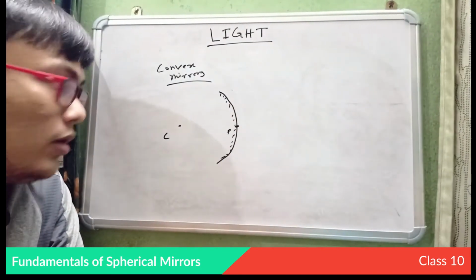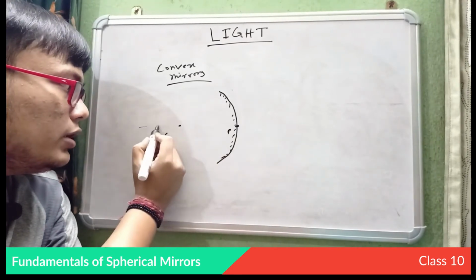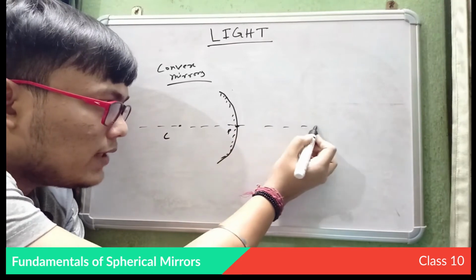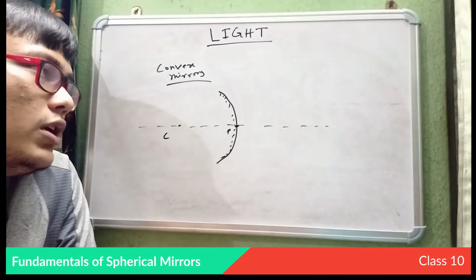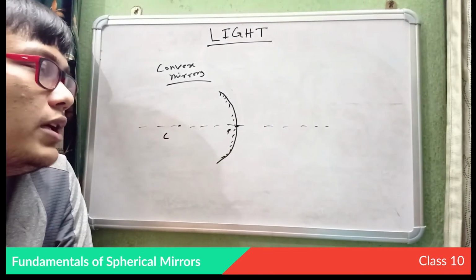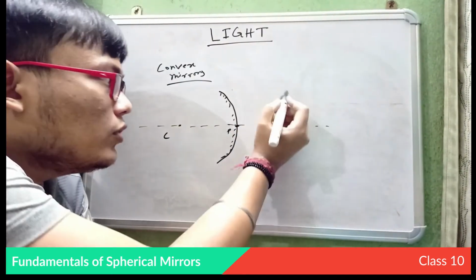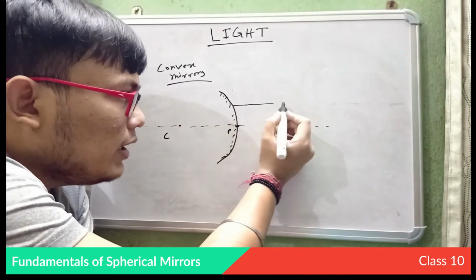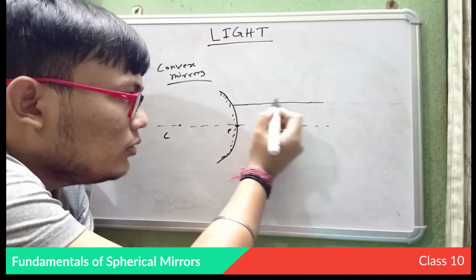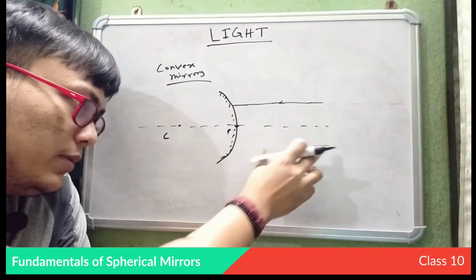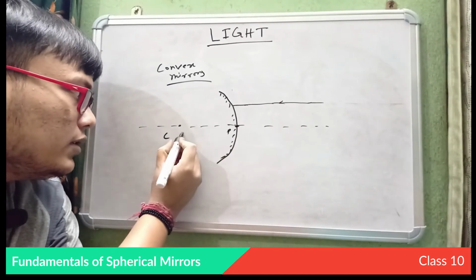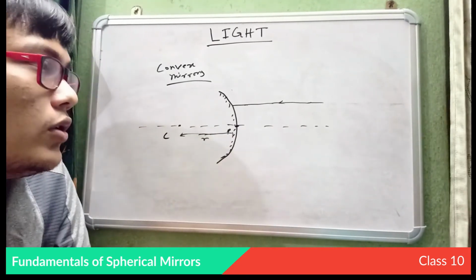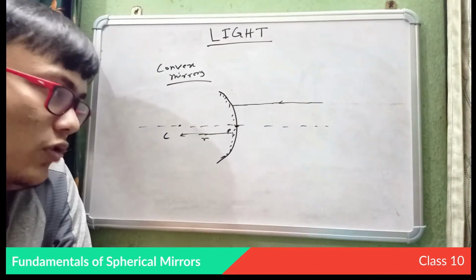Now the imaginary line joining the point C and the point P is known as the principal axis, right? So the incident ray will come from this direction, right? If we consider that the incident ray is parallel to the principal axis, this distance is known as R, or the radius of curvature. Okay, so it is incident over here.